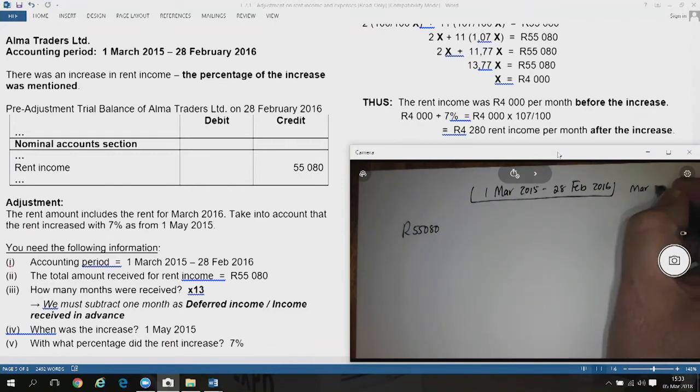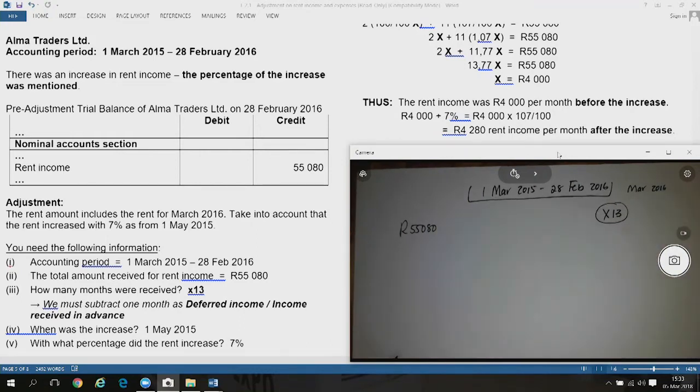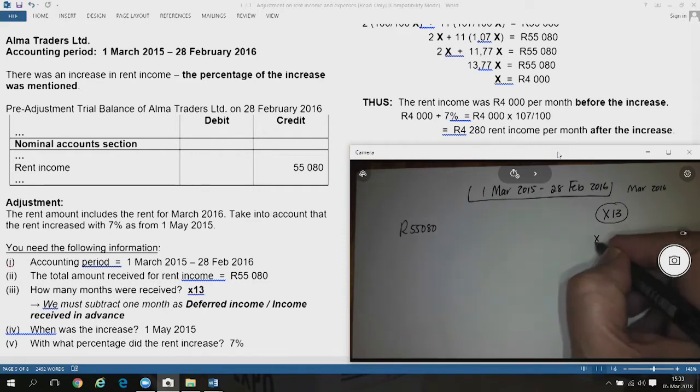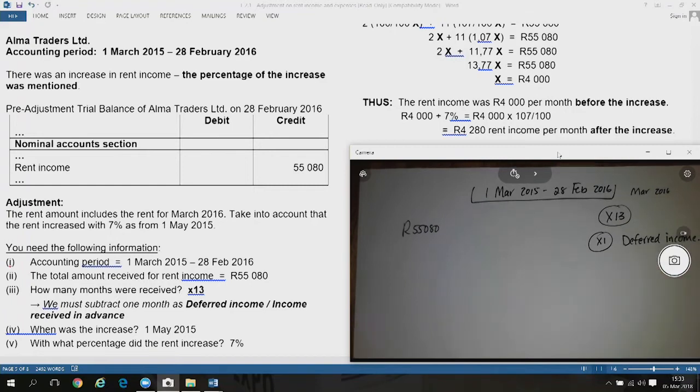Remember, March 2016 is there. So that means that it's 13 months. And if it's 13 months, we are going to subtract 1 month as this is income, not expenses, so deferred income or income received in advance. It always helps before you start doing the calculations to just tell yourself, this is the months, this is what I'm going to do, this is what I'm going to add, this is what I'm going to subtract.